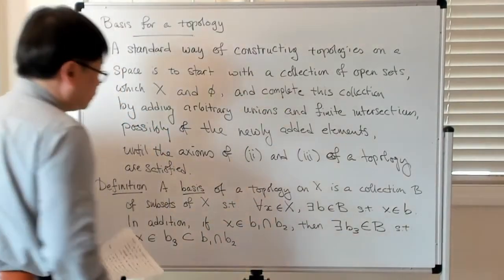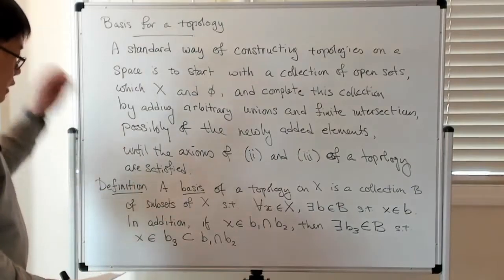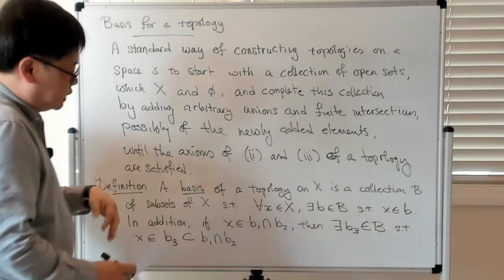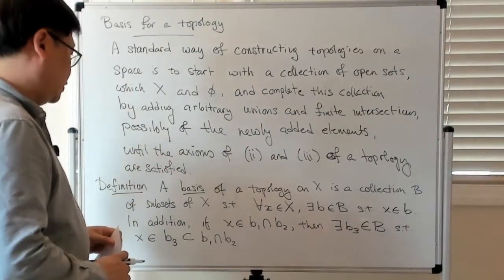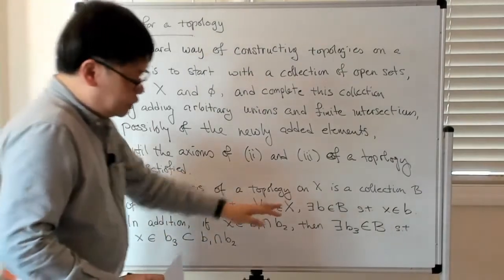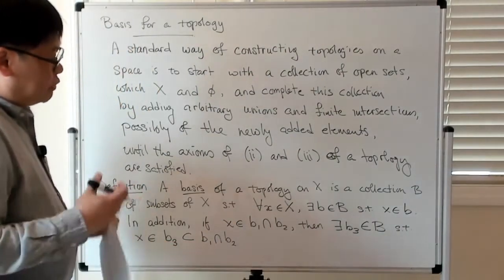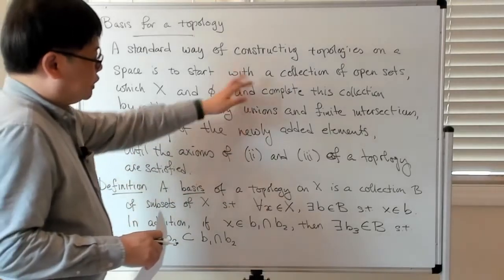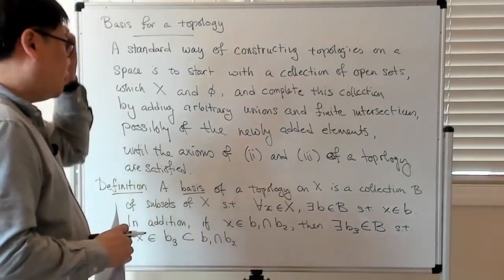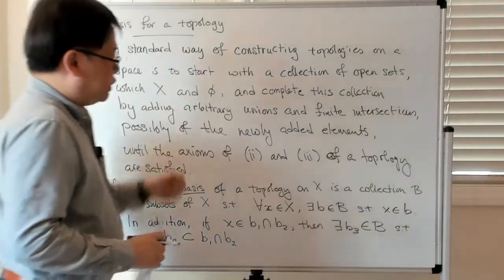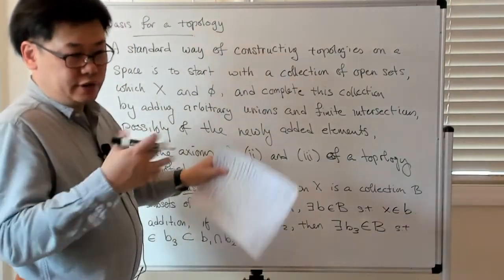Okay, so the idea, of course, is that this set of open sets has to satisfy certain additional conditions. And you might ask, well, why can't we just do this construction we had before, where we looked at arbitrary unions and finite intersections, and we just keep adding stuff?